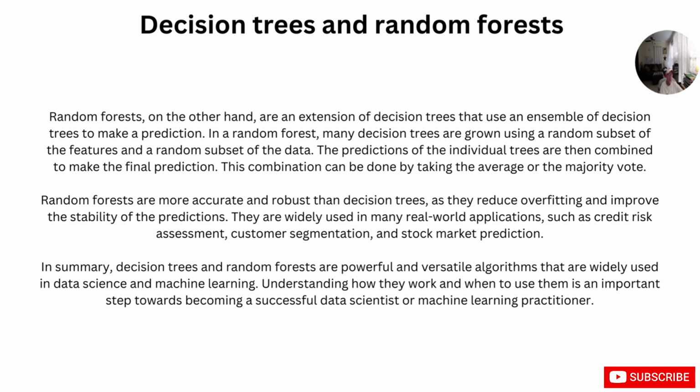The predictions of the individual trees are then combined to make the final prediction. This combination can be done by taking the average or the majority vote. Random forests are more accurate and robust than decision trees, and they reduce overfitting and improve the stability of the predictions.